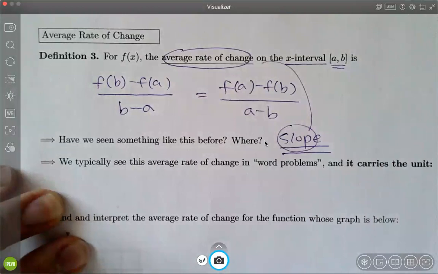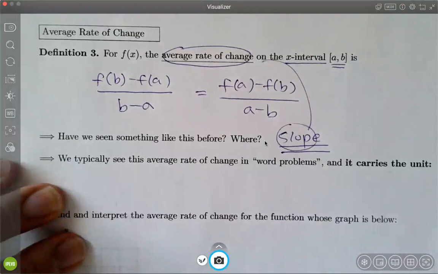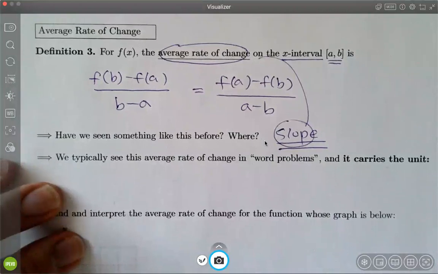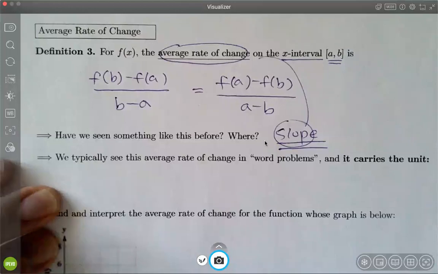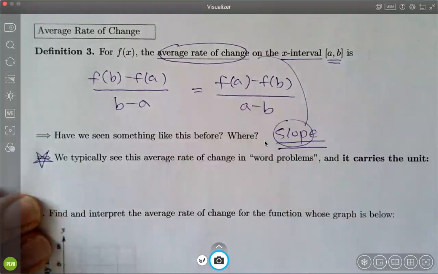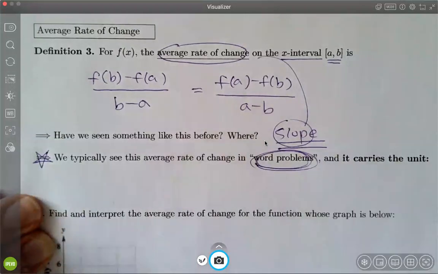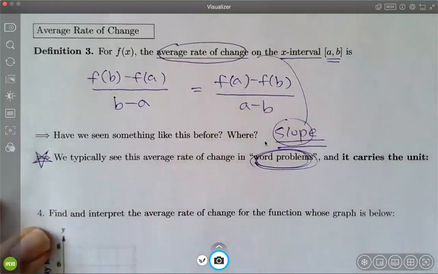Okay, so people can ask, well, then why do we define this once more? Because we have already defined the slope before, yes. The difference in average rate of change is we typically see this in word problems. Now, so far we haven't done any word problems in this section, but now we will.